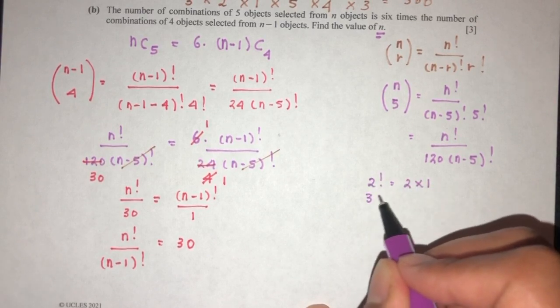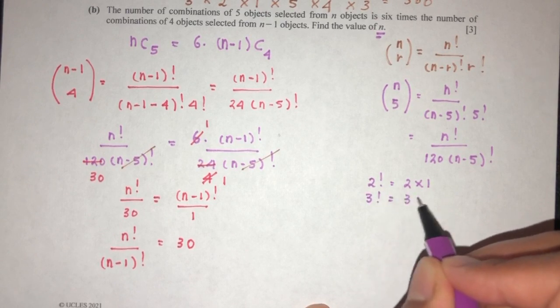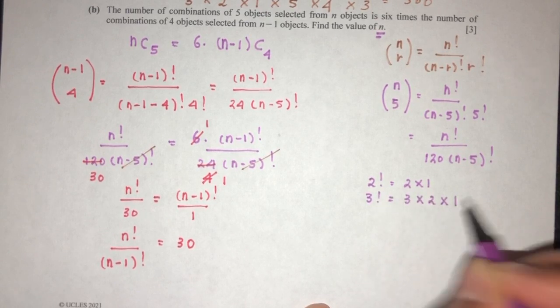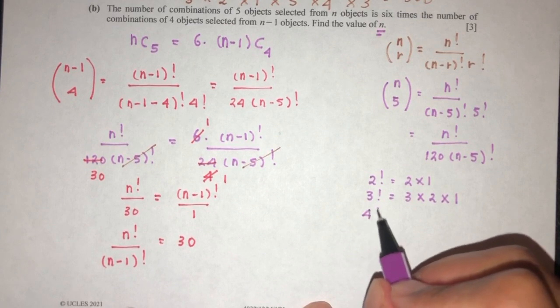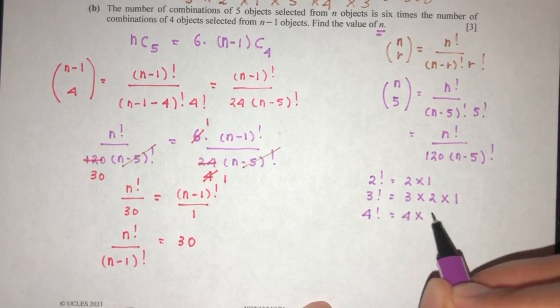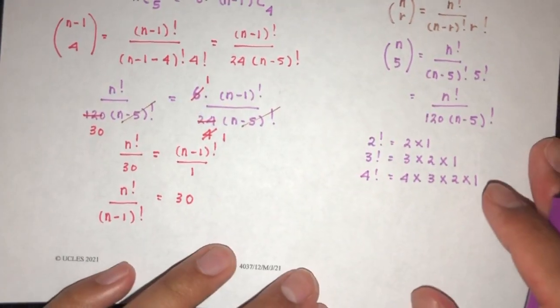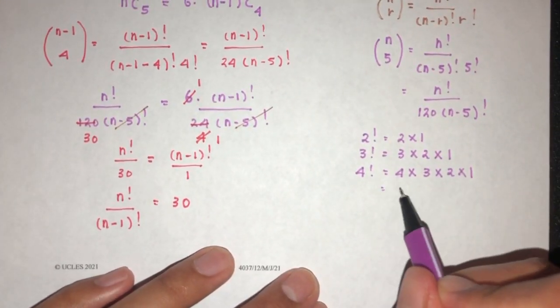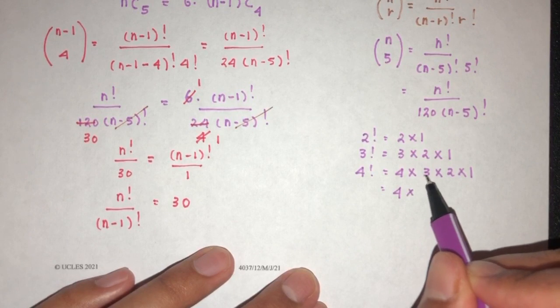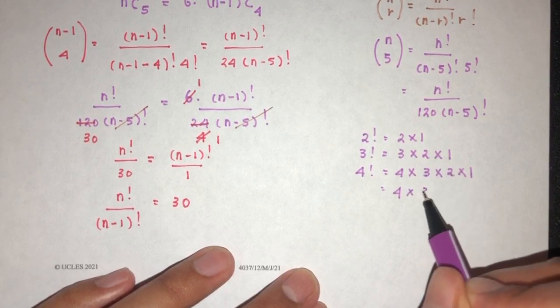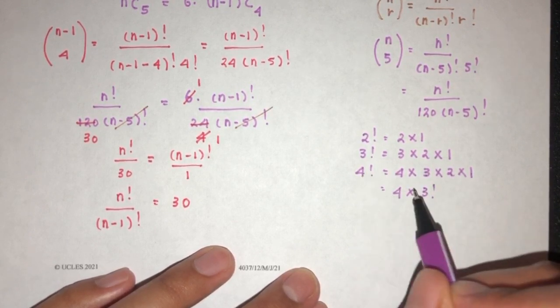What is 3 factorial? It is 3 times 2 times 1, right? Now what is 4 factorial? It is 4 times 3 times 2 times 1. But we also observe we can rewrite this as 4 times, what is 3 times 2 times 1? It is 3 factorial. So this can also be written as this.